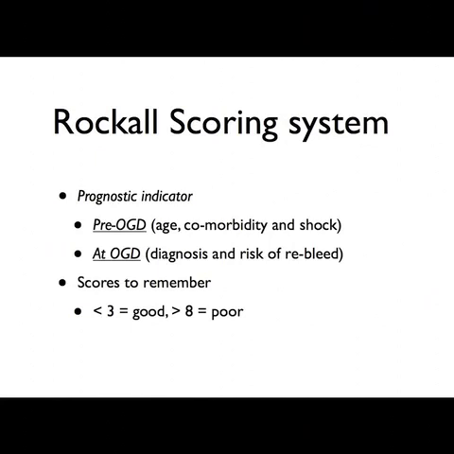Pre-OGD score is composed of things like the age, comorbidities that the patient may have, and the presence or absence of shock. At OGD, the endoscopist will then add extra points according to diagnosis and risk of rebleed.